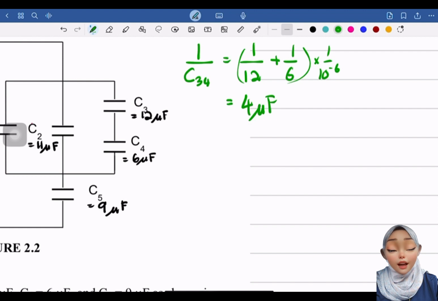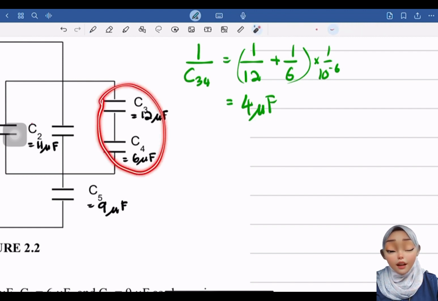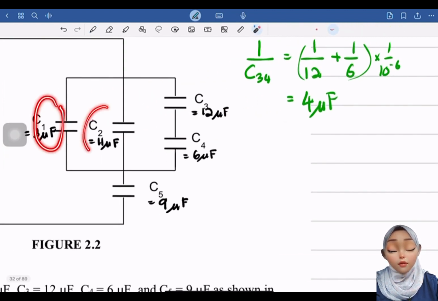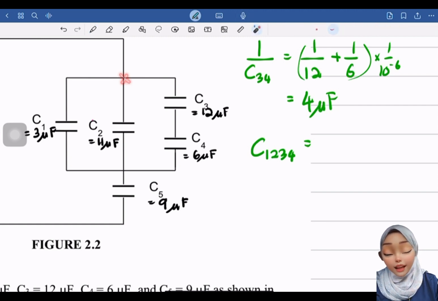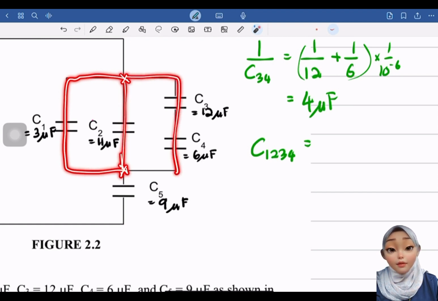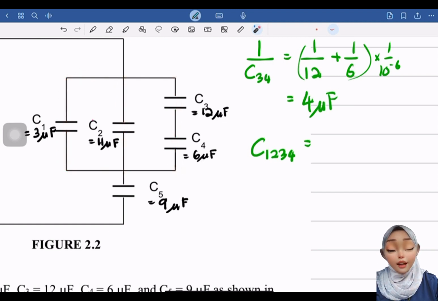Lepas kita dah selesai yang ni, dan kita nak combine C1, 2, 3 dan 4. Untuk itu sebabkan dia ialah in parallel, so kita akan buat campur terus C1, 2, 3, 4. Kalau you lupa, you boleh tengok balik semula table, okay? Sebab kenapa dia parallel? Sebab dia combine dekat kaki yang sama. Okay, ni kaki yang sama, gitu.